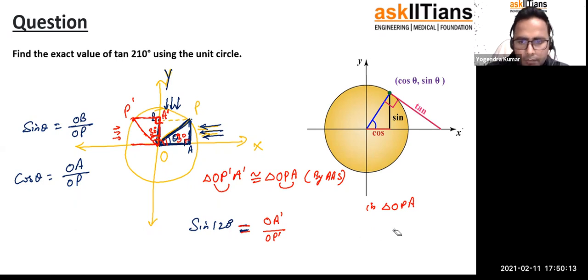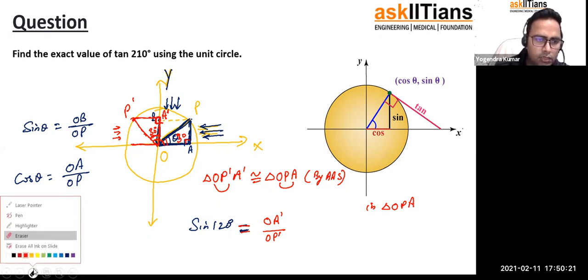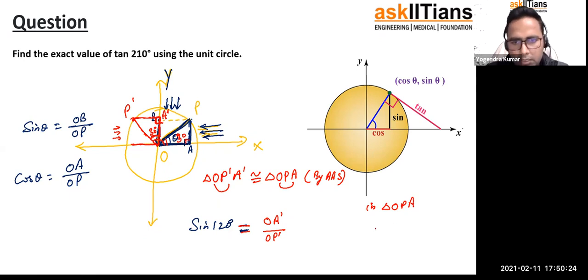Now take time to understand this, but if you are clear with this, then you can remember all the other things, right? So now what I can say here, OA divided by OP is cos of 30, right?